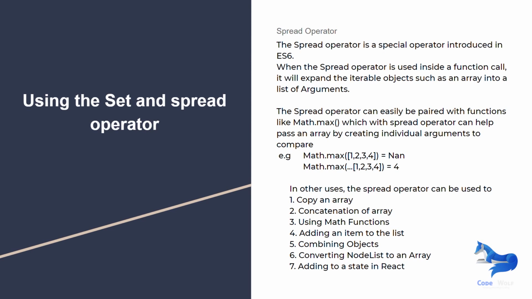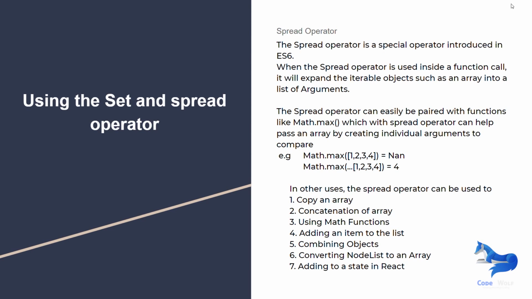Now, I will definitely be making a separate video explaining these further and illustrating their use well. But for the sake of this problem, we'll learn how to use the spread operator along with the set function and remove duplicates in a single line from our JavaScript code.